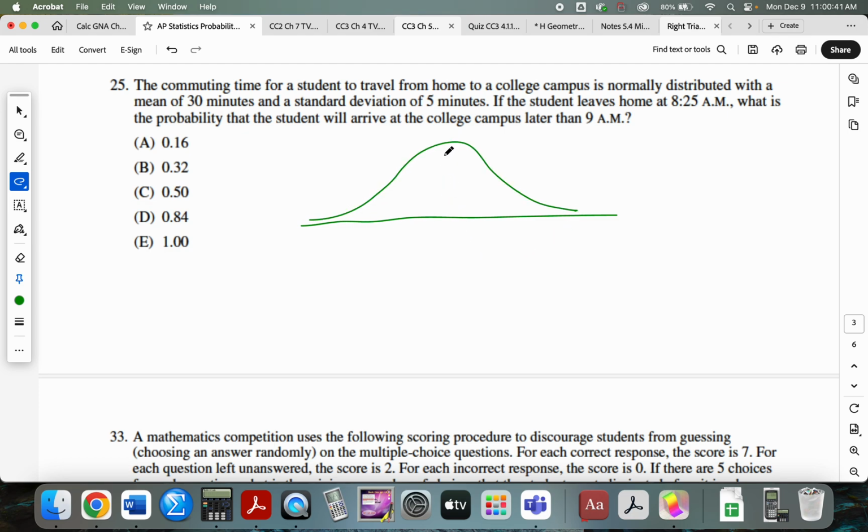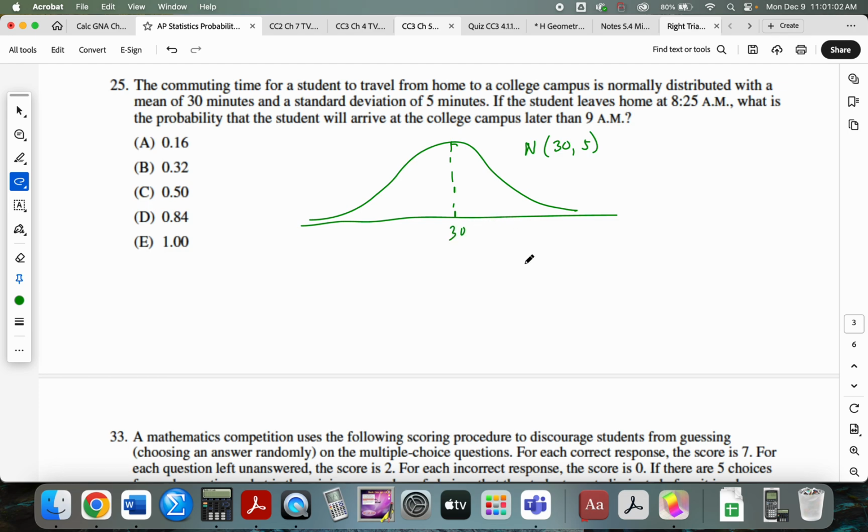So we have a normal model, right? Where the mean is 30 and the standard deviation is 5. By the way, on the AP exam, if this is part of a free response question, this is how you would show that. This is how you show work. So this is 30.